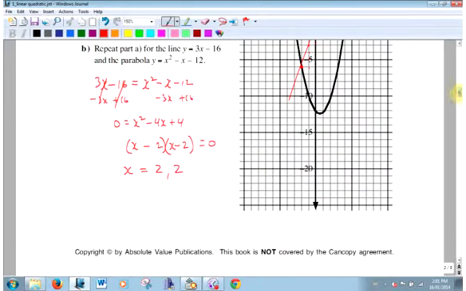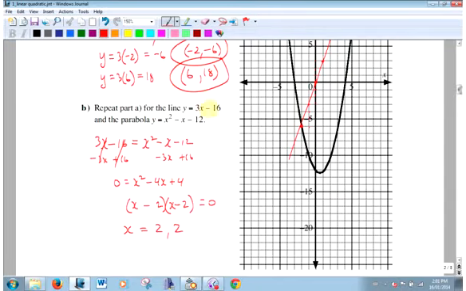2 is 2. If I graph this thing, 3x minus 16, that's what my line looks like. It doesn't cross it.